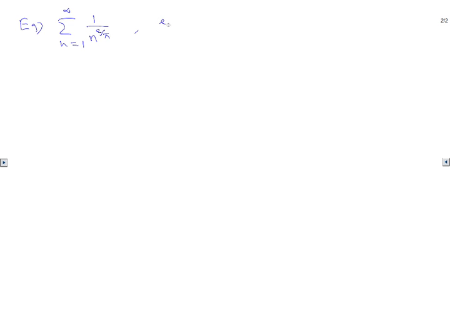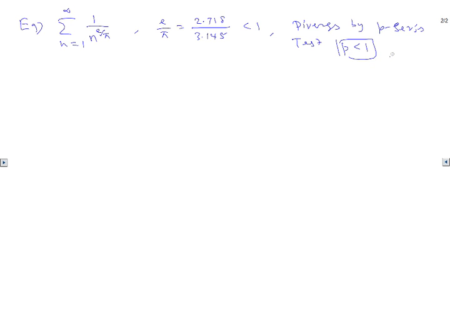We know that e is roughly 2.718 and pi is 3.145, so that means e to the pi ratio is less than 1. So it diverges by the p series test, because p is less than 1. Good, done. That means the series has to diverge.